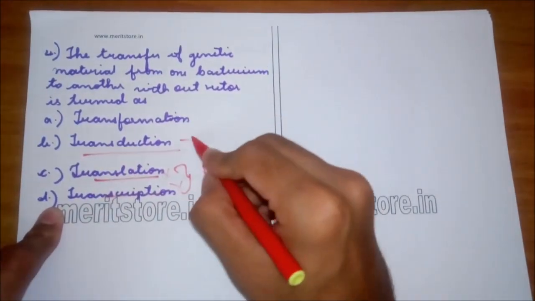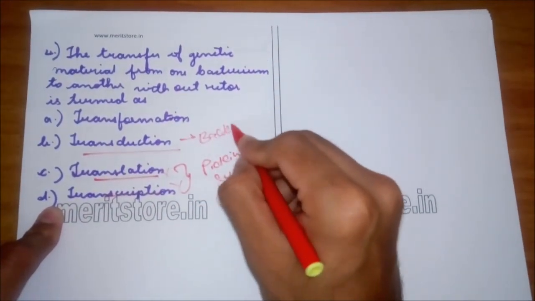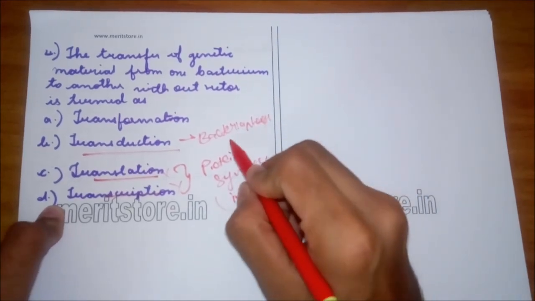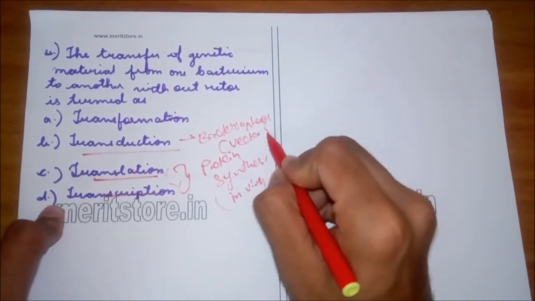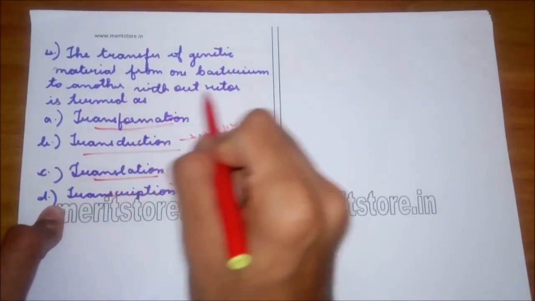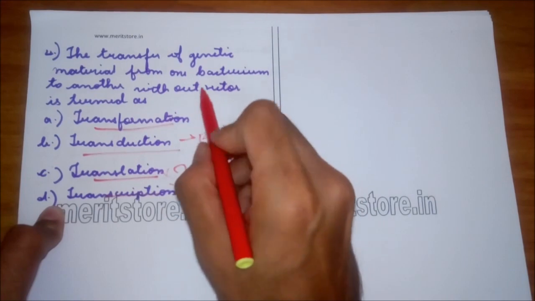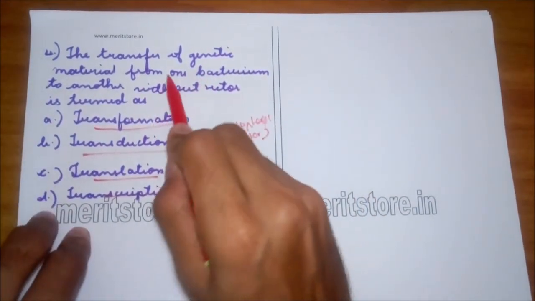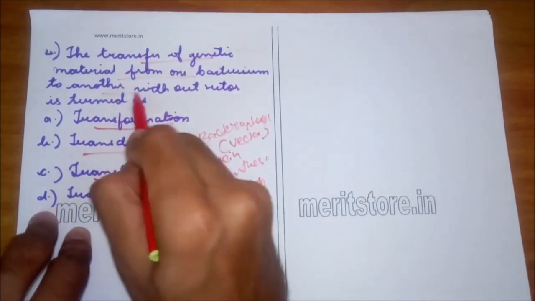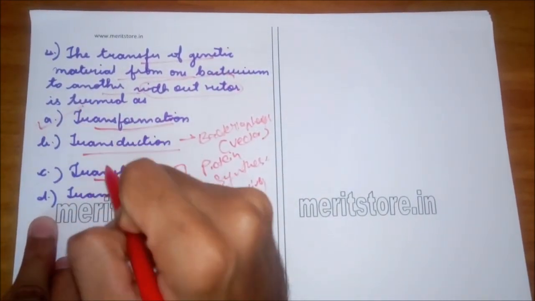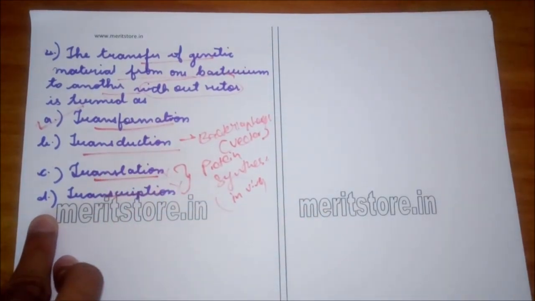Transduction is with respect to bacteriophage, so transduction requires a vector. So the only option, transformation, requires no medium for transfer of genetic material from one bacterium to another, so without a vector. So it is termed as transformation. So option A is the correct answer.